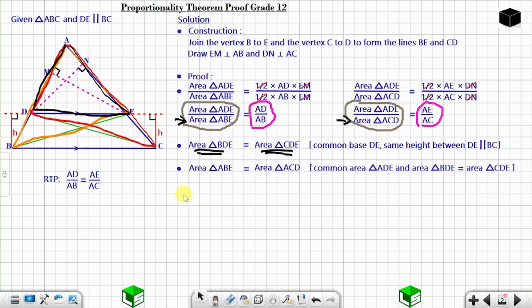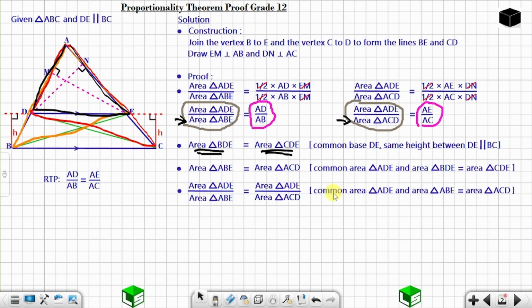Now you can conclude this ratio is equal to this ratio, and the reason, always write the reason: you have a common area in the numerator, and in the denominator this area is equal to this area.